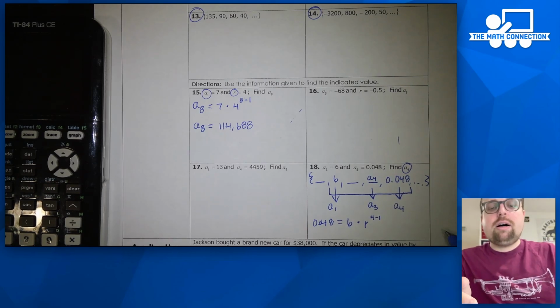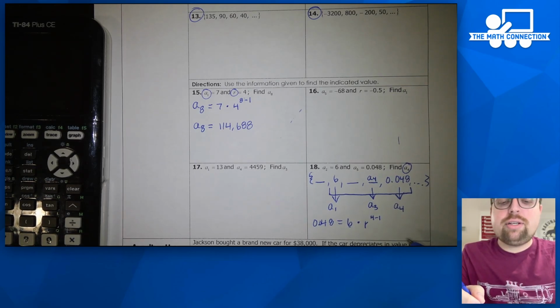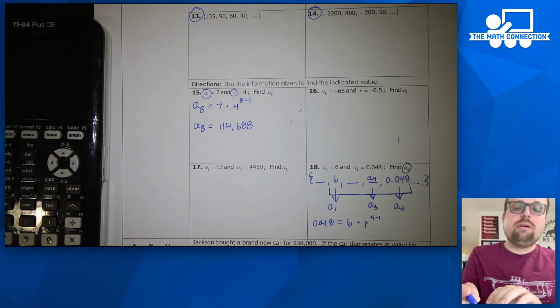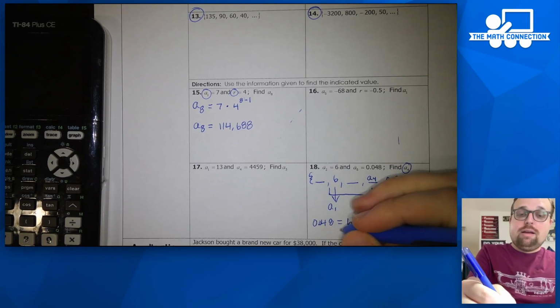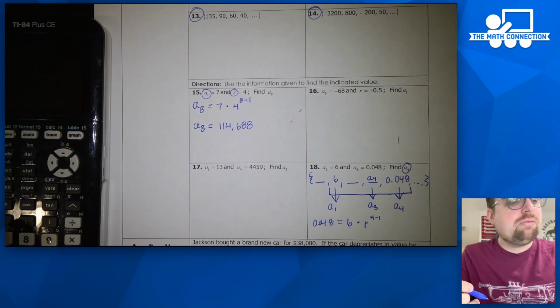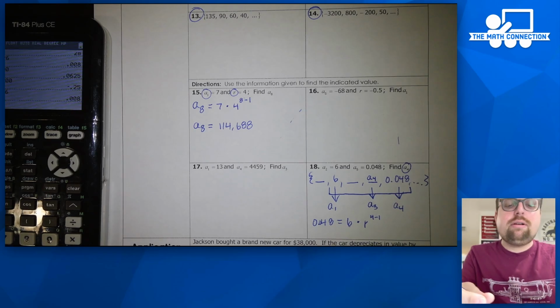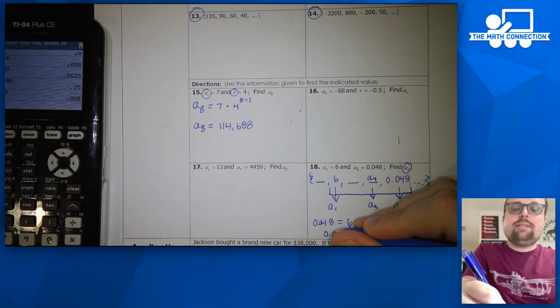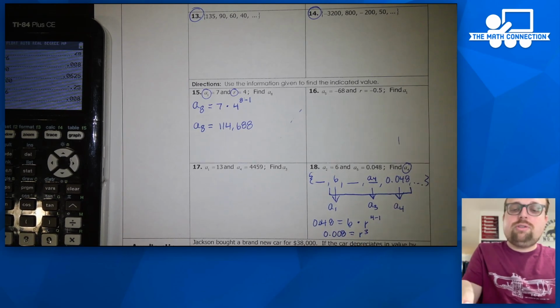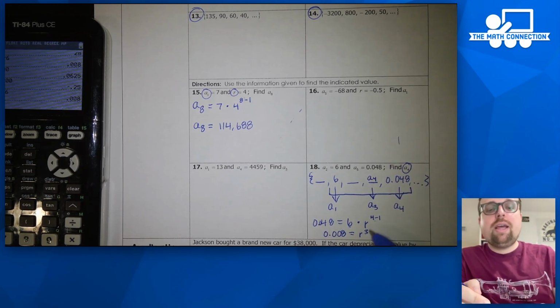Let's go ahead and divide both sides by 6 so we can isolate this value here. That's going to be 0.048 divided by 6. That's going to give us 0.008 equals r to the 3rd power. 4 minus 1 is 3.